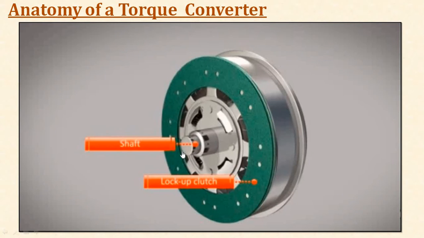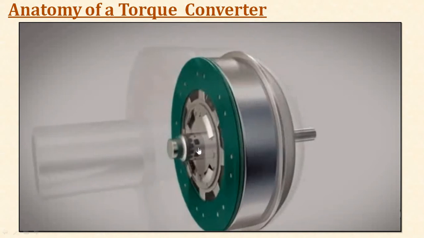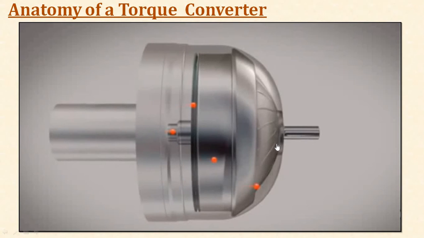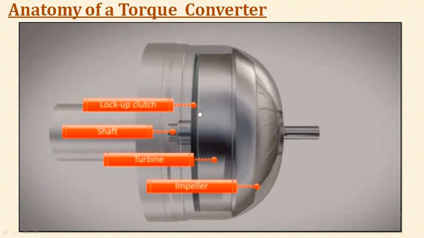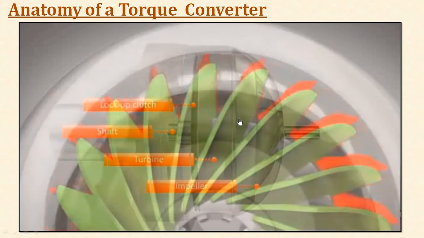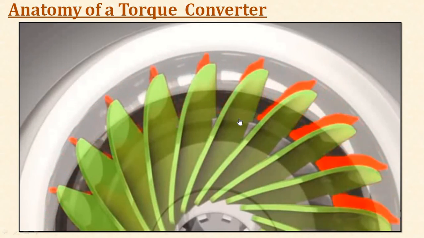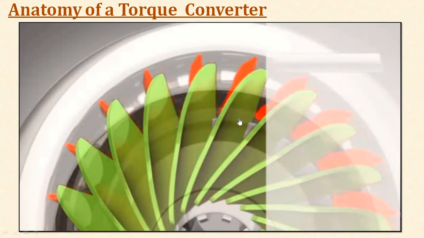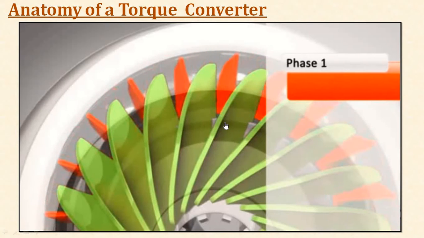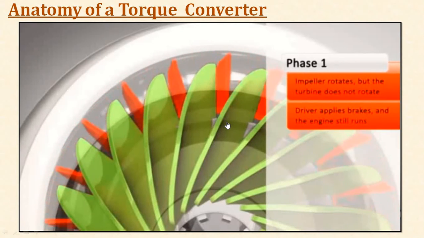Lockup clutch, shaft, and the assembled part of the torque converter. The torque variation is initiated in phase 1, in which the impeller rotates but the turbine does not rotate.